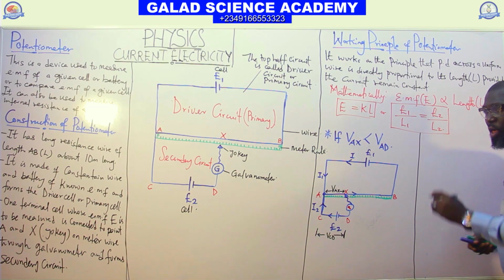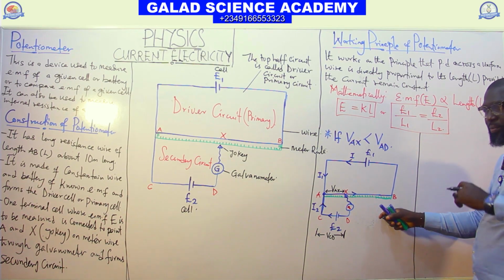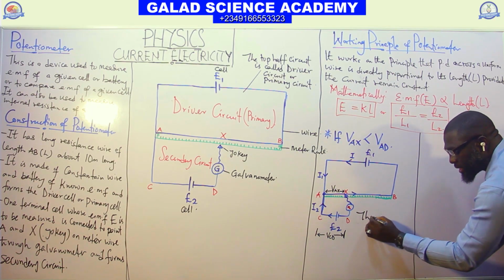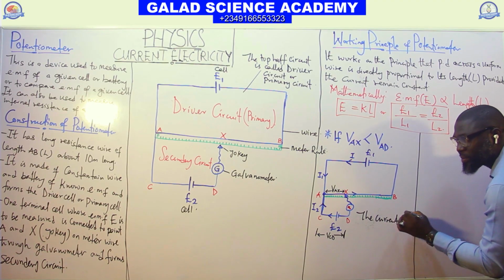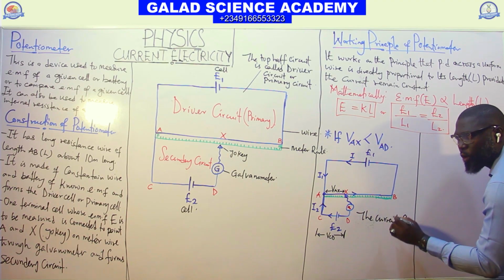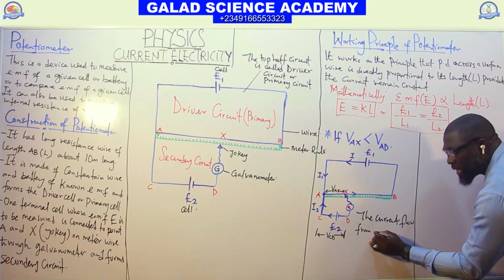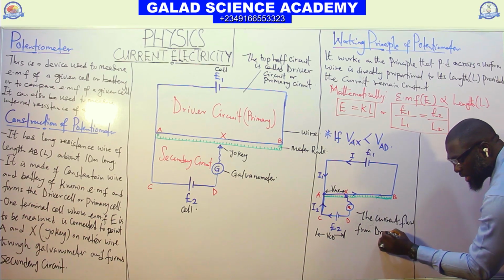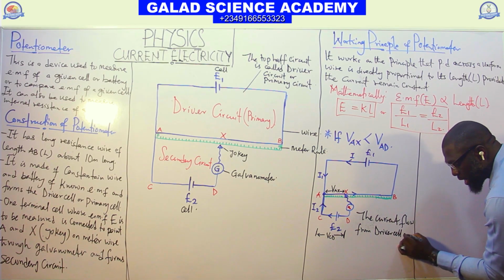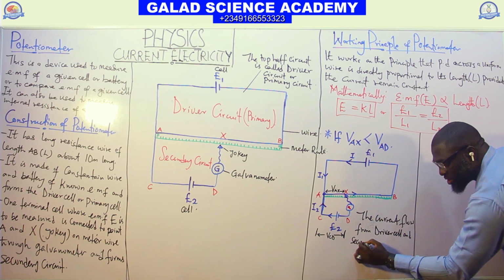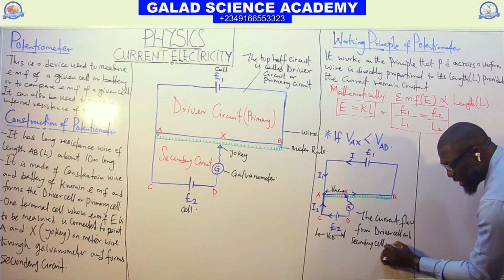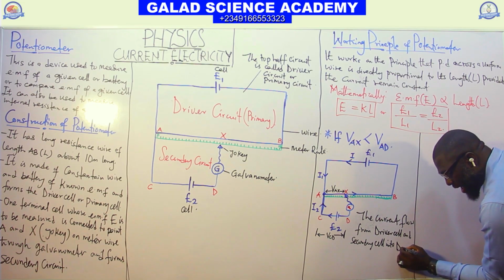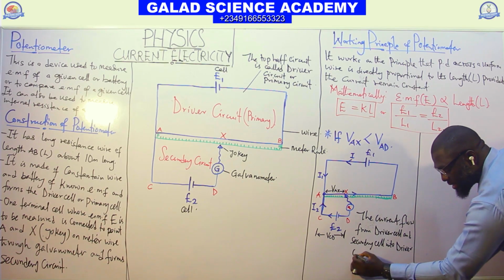So in that sense, the current flows from the driver cell and the secondary cell into the driver circuit.